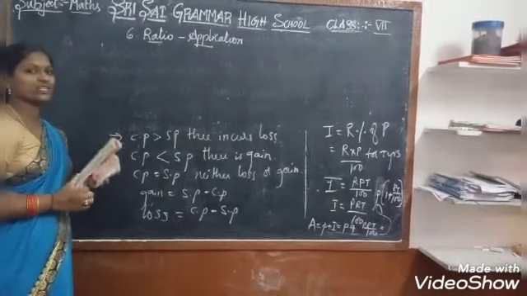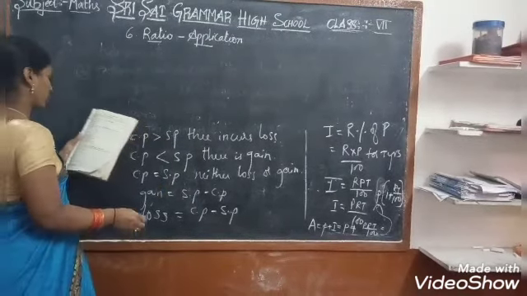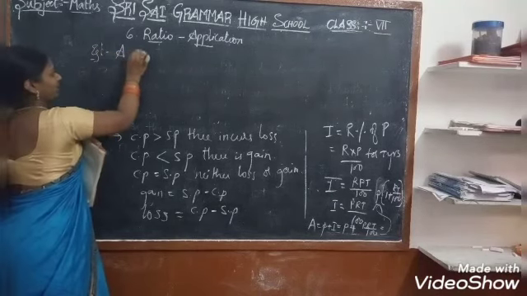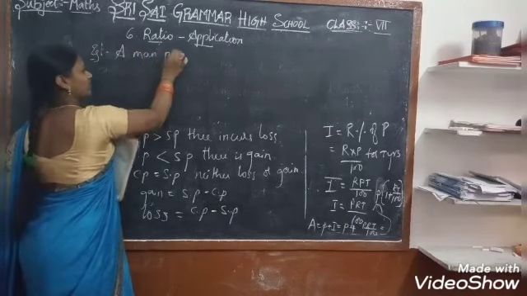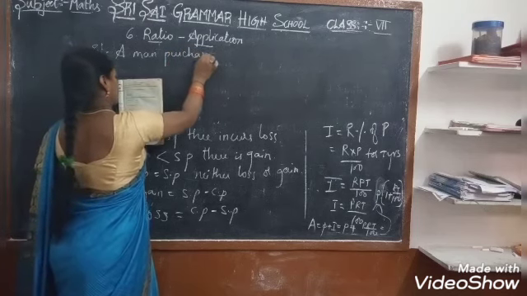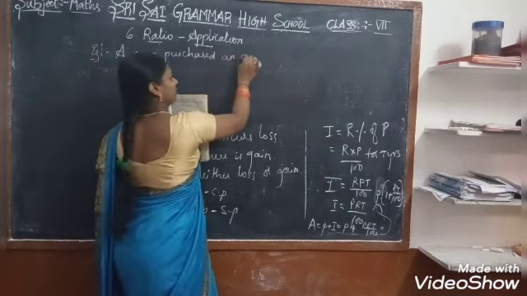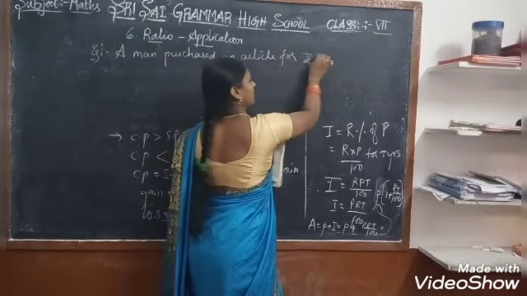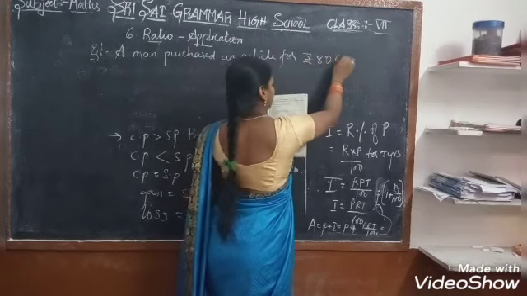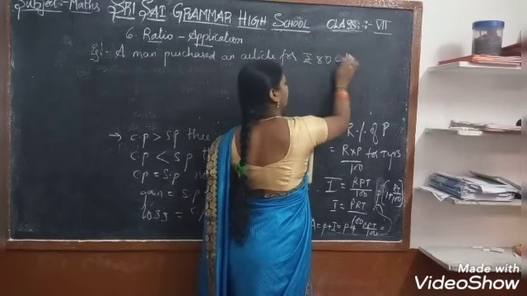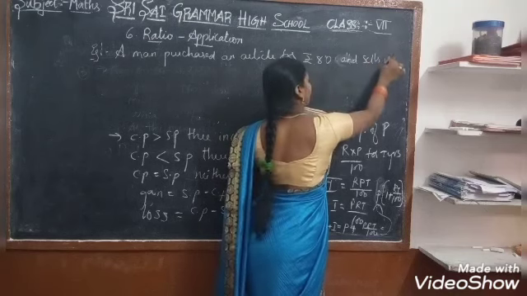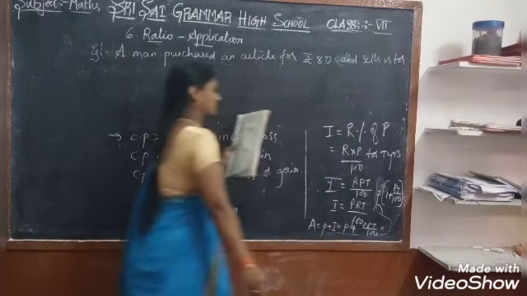For the selling price and cost price, we are going to do one of the problems. Everyone copy. Example: a man purchased an article for rupees 80 and sells it for rupees 100.